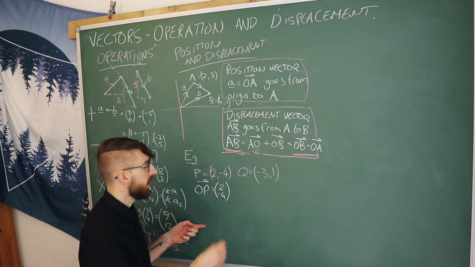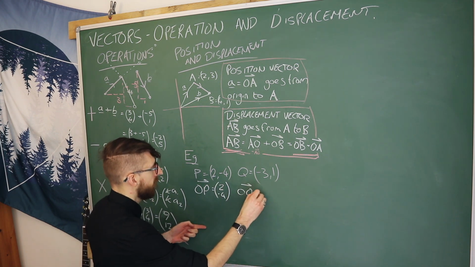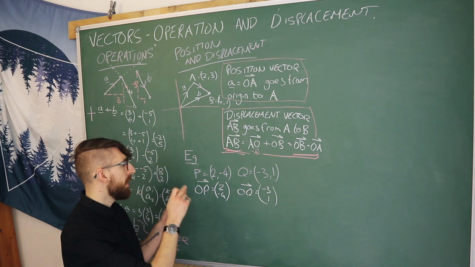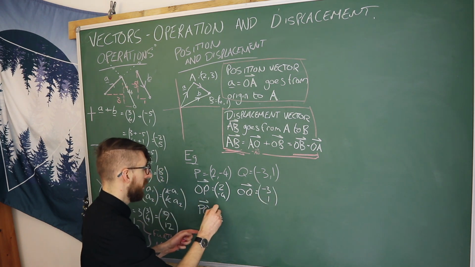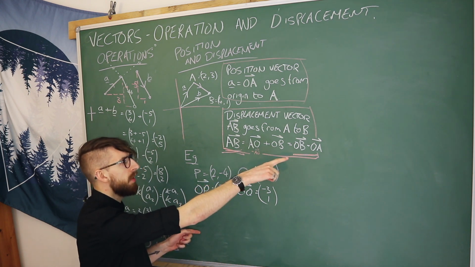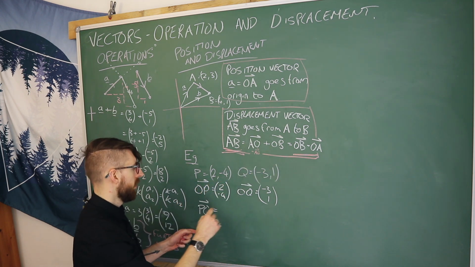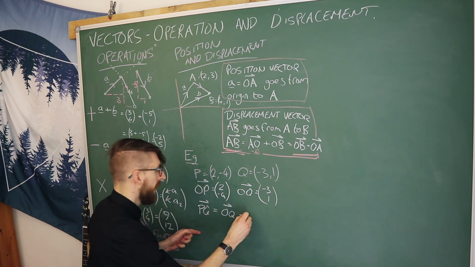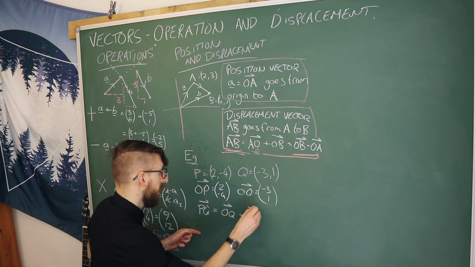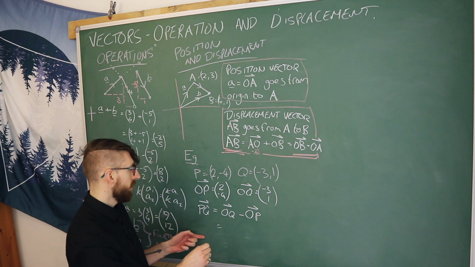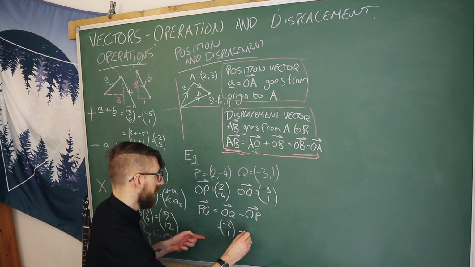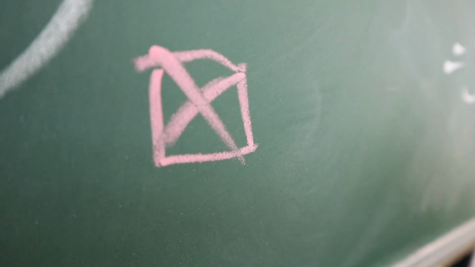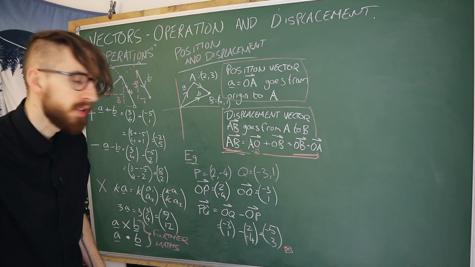Alright, done. What about OQ? Same thing. Now for the trickier bit, PQ. Well, it's OB minus OA for that one. So it's, second letter, OQ, minus OP. So minus 5 and 3.